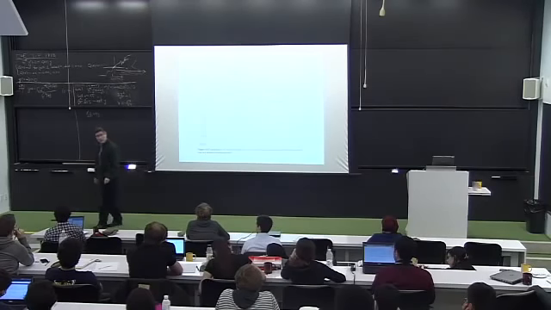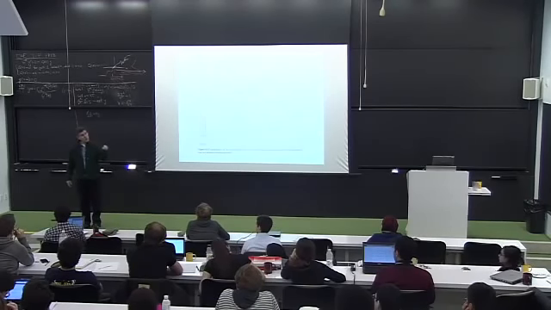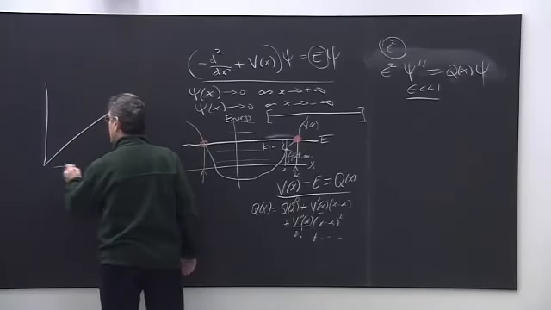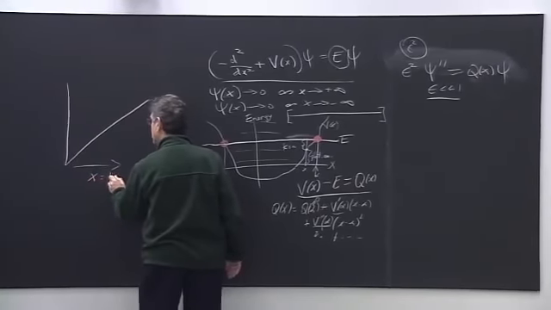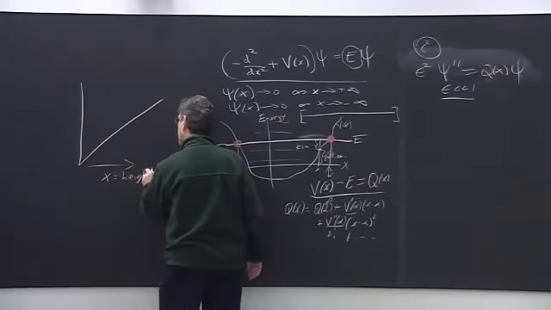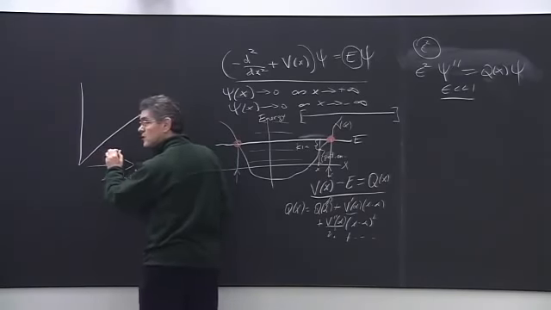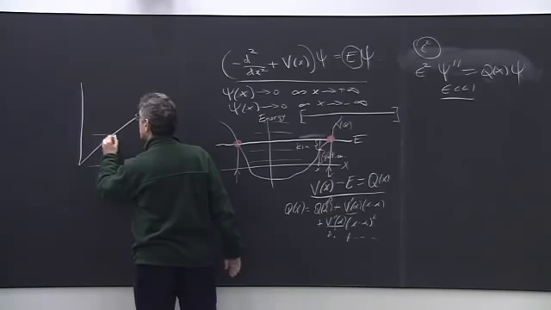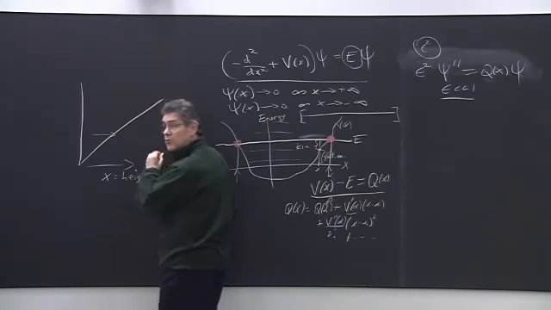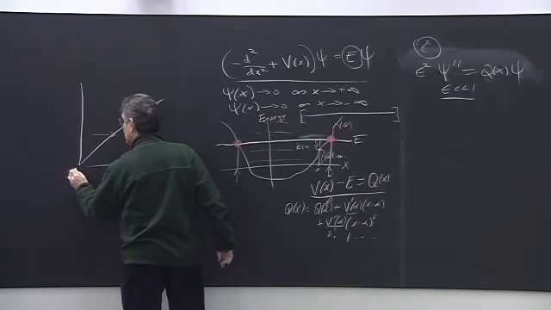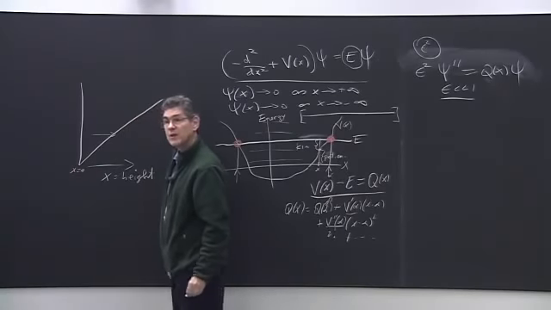In a gravitational well, just a bouncing ball, the potential would look like this. x in this case is the height. As the ball bounces, when it goes up, the potential rises linearly in a gravitational field. But at x equals 0, the potential becomes infinite.